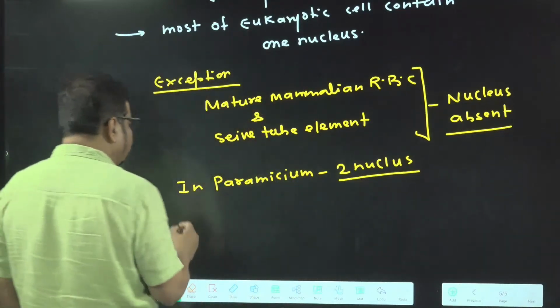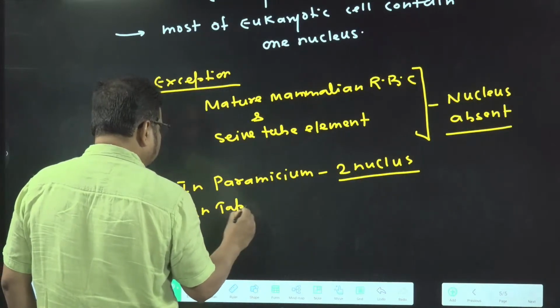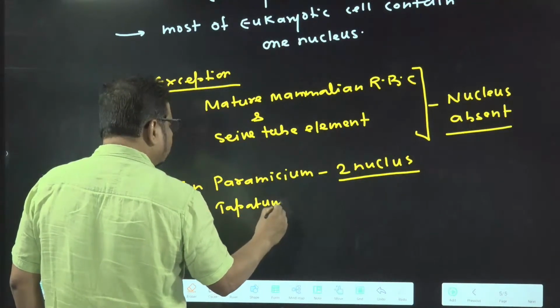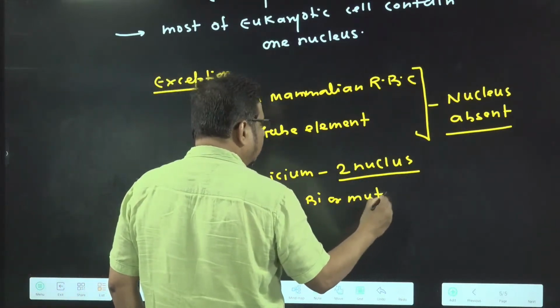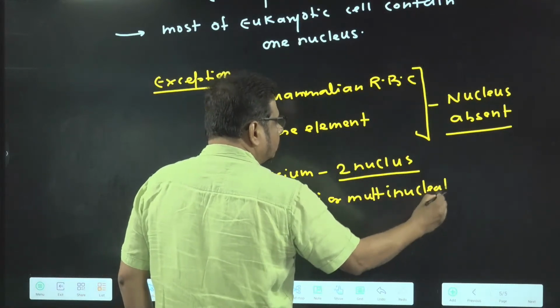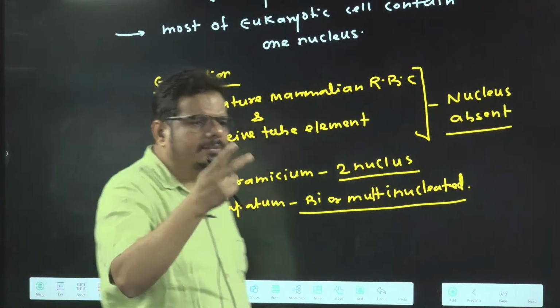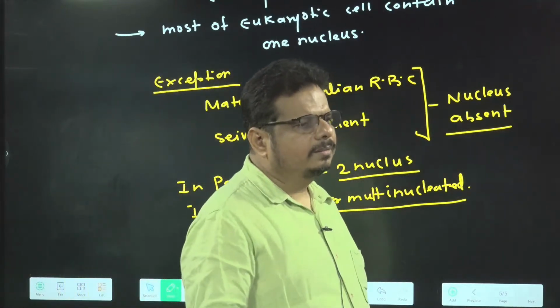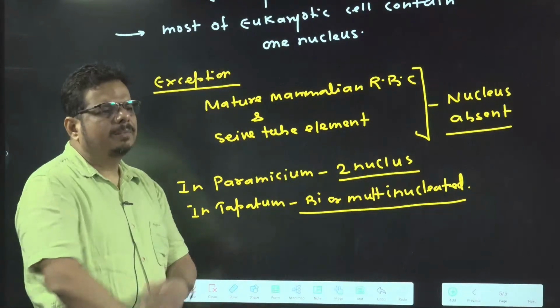Another example I am writing is tapetum. Tapetum is also bi or multinucleated. So these are the exceptional conditions where nucleus number is either absent or more than one. Are you getting the idea? So these are the certain exceptional examples I wrote.